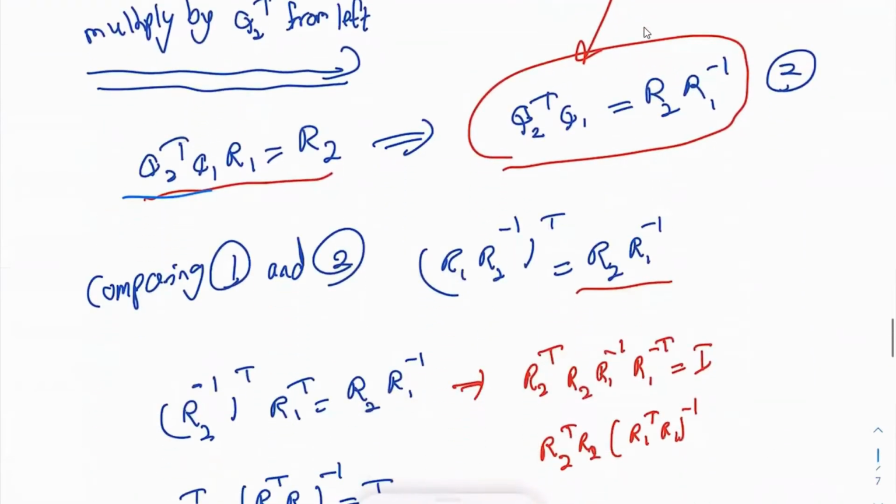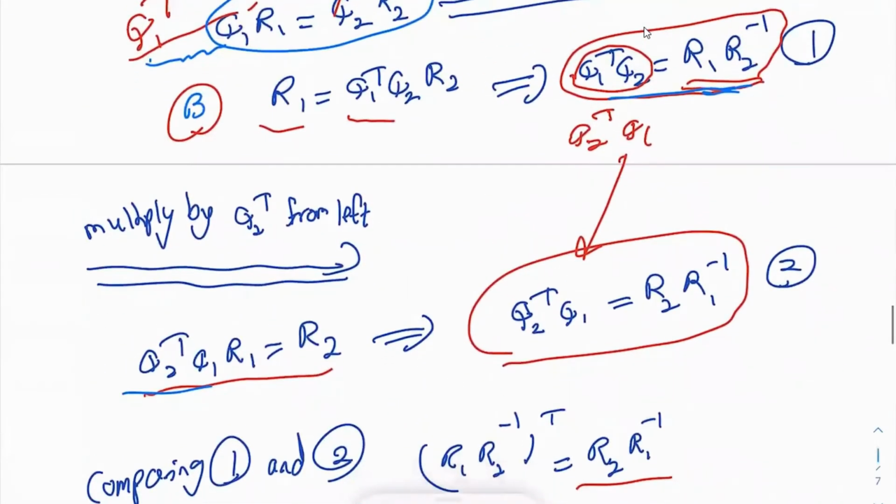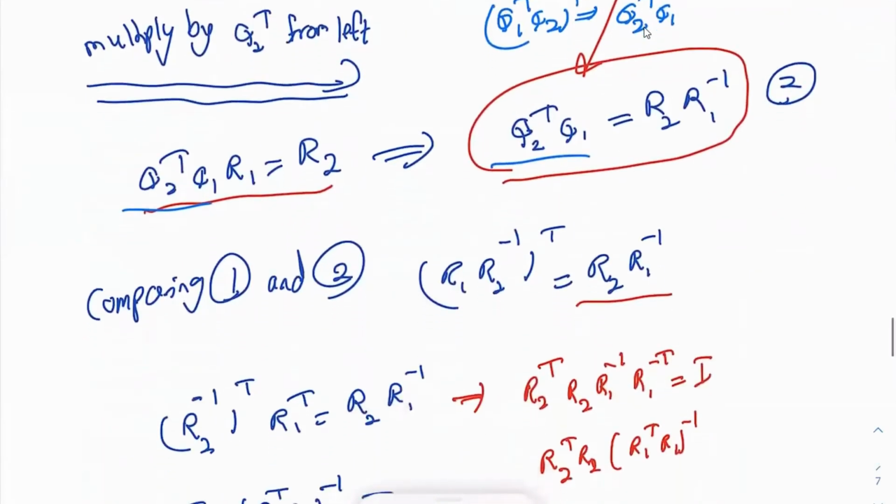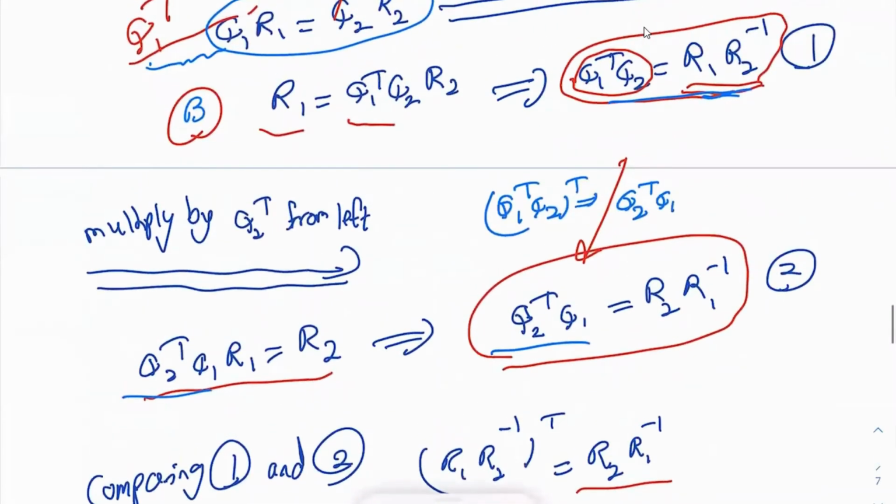So now, if you compare equation 1 and 2 together, what you end up with is that one of them is the transpose of the other. What I mean by that is, if you write the transpose of Q1 transpose Q2, you get Q2 transpose Q1, right? Which is this one. So the right-hand sides also should be transposes of each other.